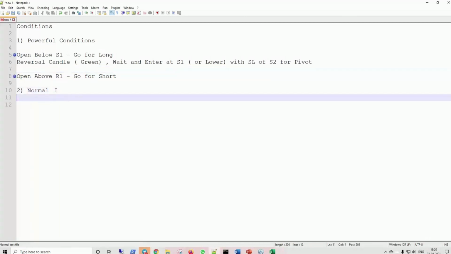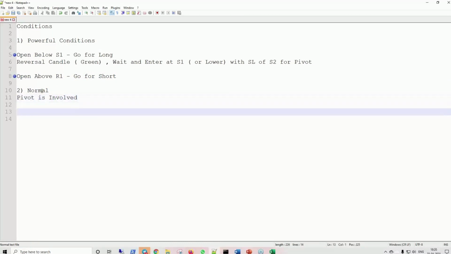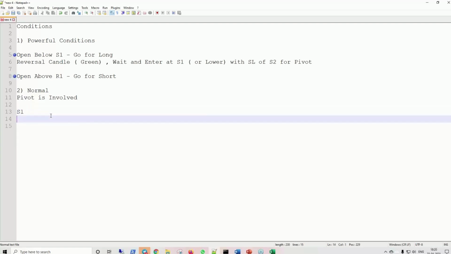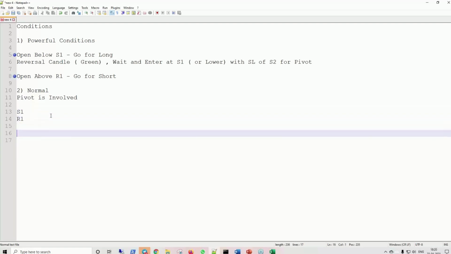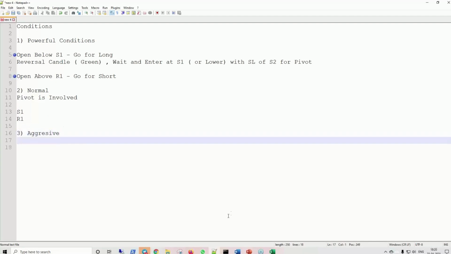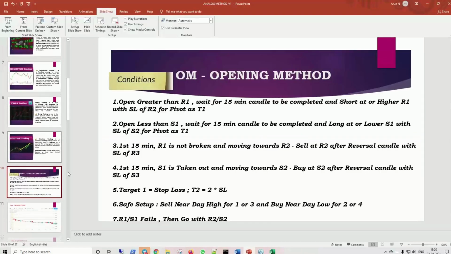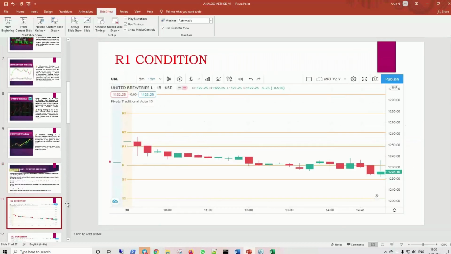Normal is when pivot is involved. Those are normal conditions. If it is between pivot and S1, or between pivot and R1, those are the normal conditions. Okay, so this PPT will come again a little later.